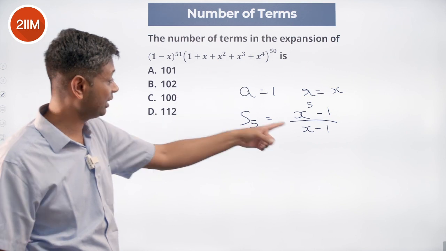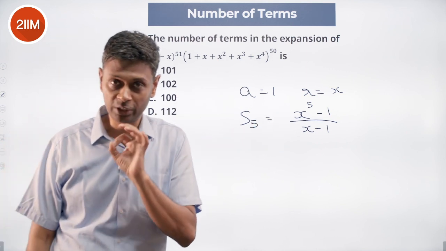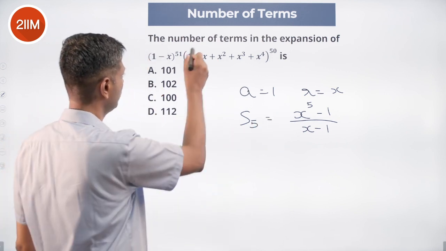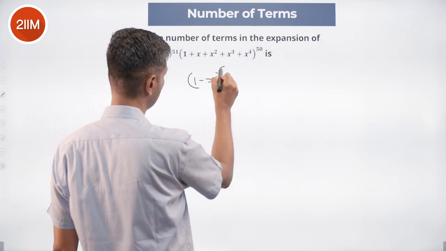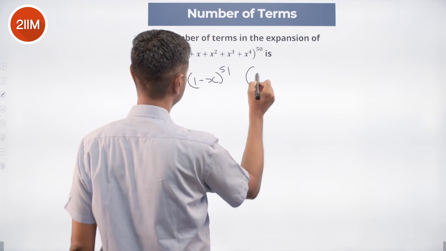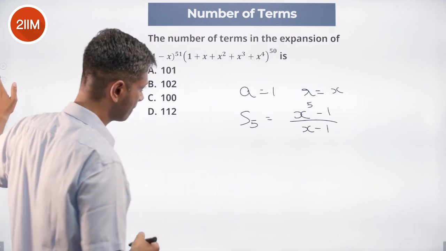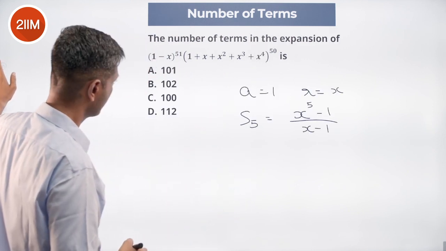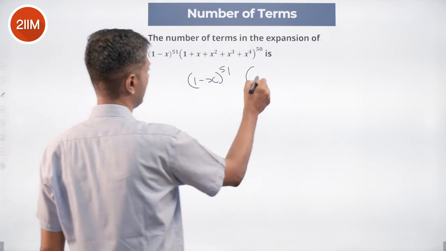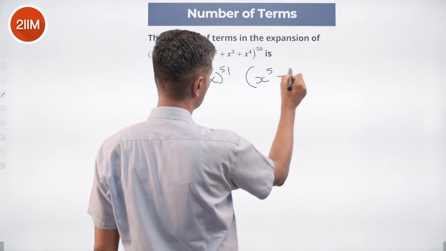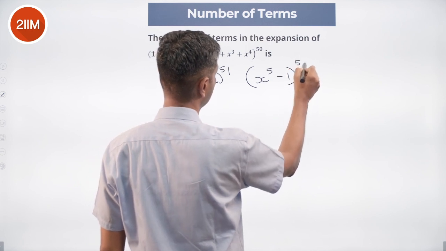This can be rewritten like this, which is brilliant because now I can reimagine this whole thing as 1 minus x power 51 into x power 5 minus 1 by x minus 1, whole power 50.